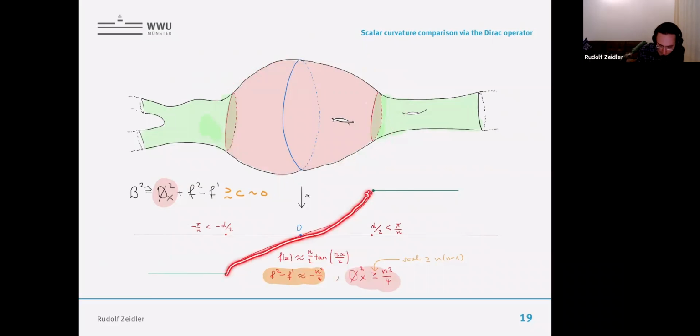And then once I don't have a scalar curvature bound anymore, I stop and I just continue constantly. And then I can arrange this in such a way that I get a positive lower bound on this operator here.